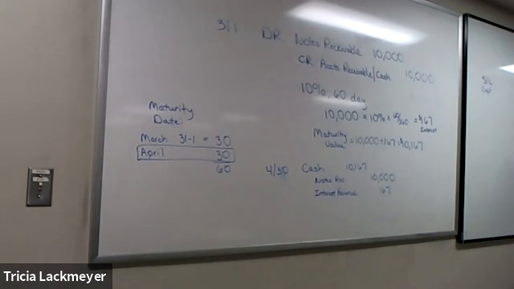So I'm just going to put in parentheses here, that is depreciable cost. So cost minus residual value equals depreciable cost. And that depreciable cost just means the full amount you're going to depreciate that asset.